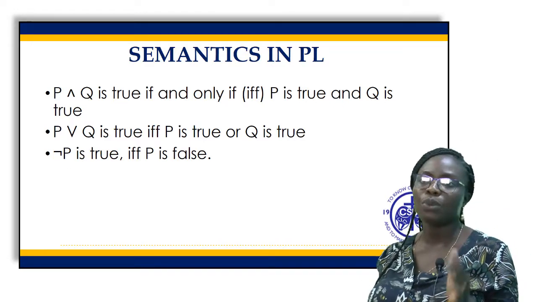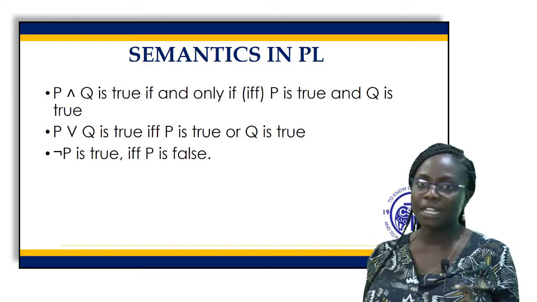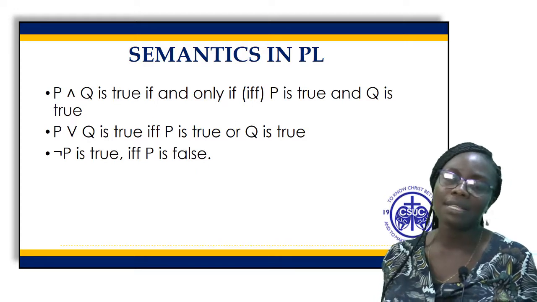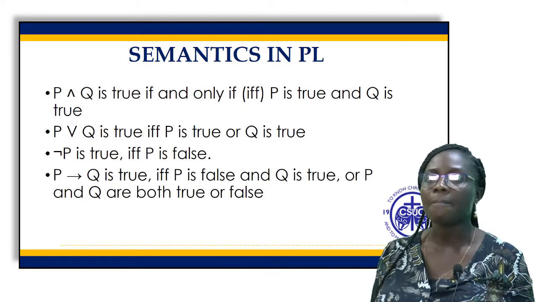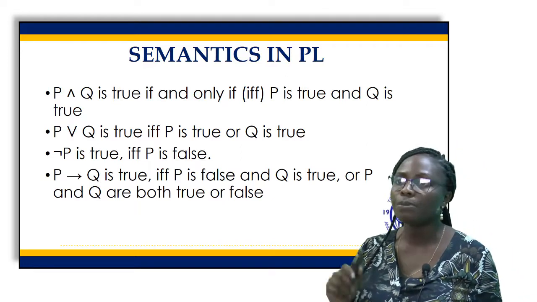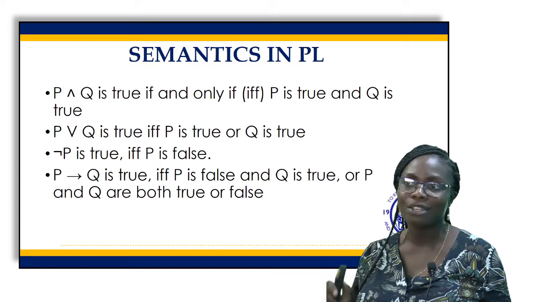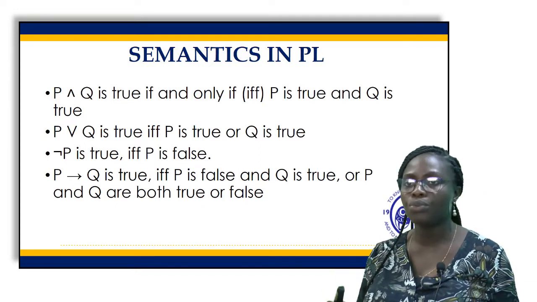Negation of a sentence will be true if and only if the initial value of that sentence was false. That is the same as saying the negative of a false is true, which is logically correct. P implying Q will be false only when P is true and Q is false; it is true if P is false and Q is true, or if P and Q are both true or both false.